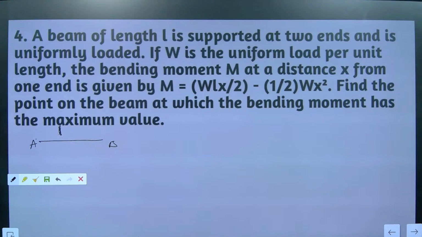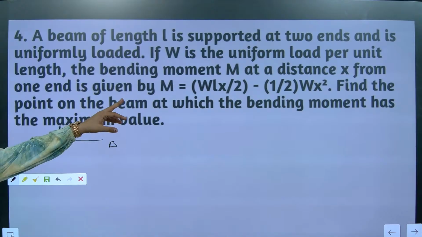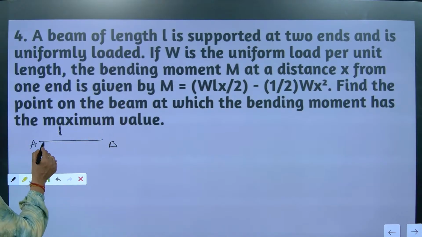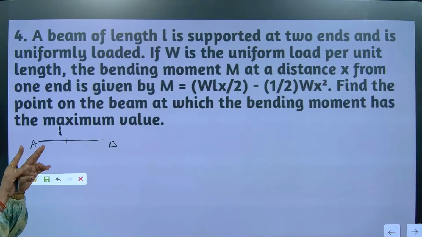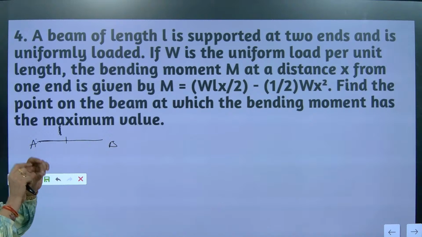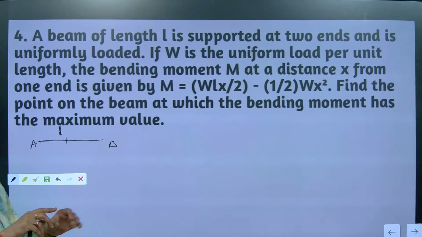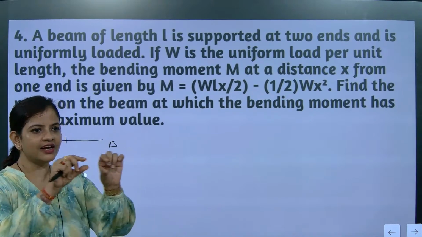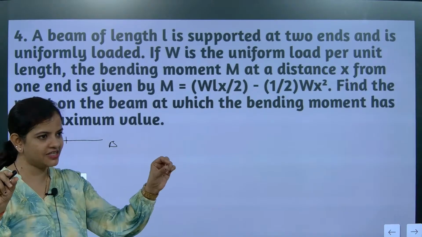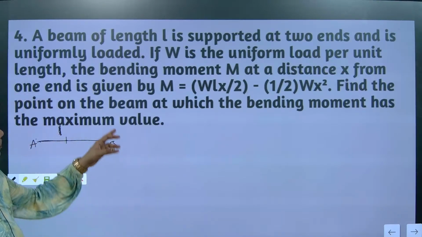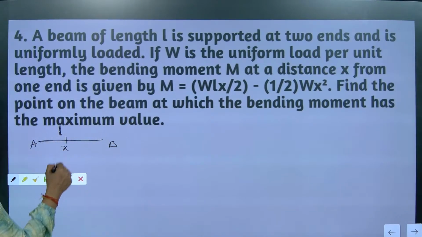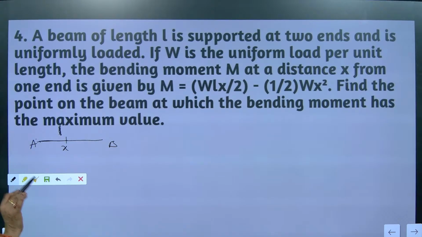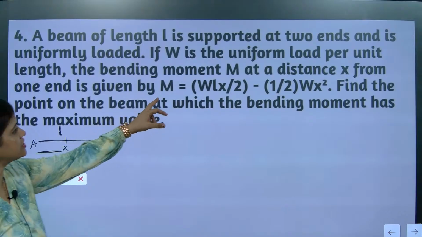Now they are telling the bending moment M at a distance x. So after distance x, you bend the beam, where you are bending from x. Then they are telling that the bending moment at one end is given by this equation.